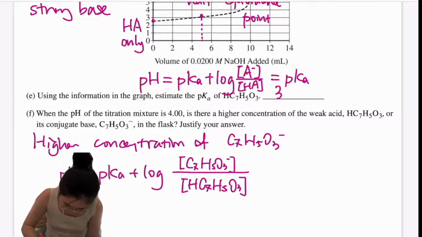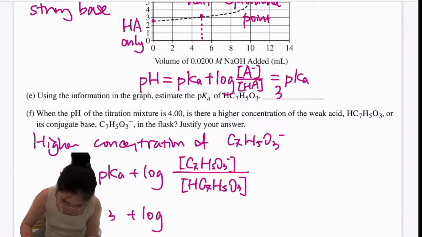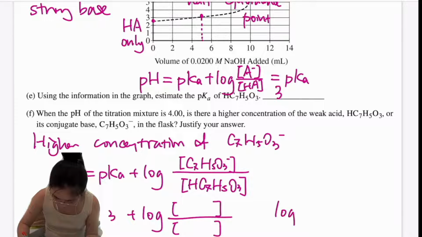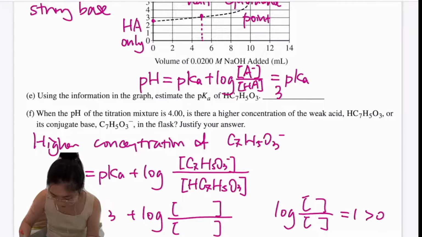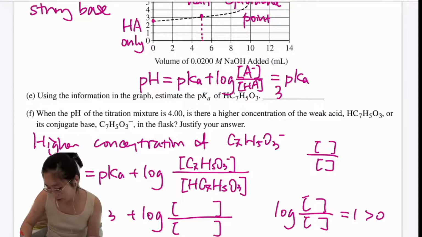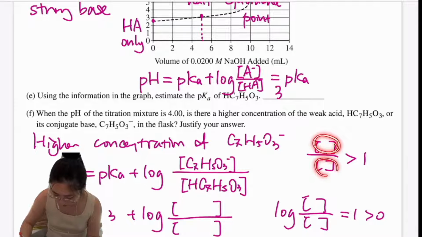So 4.0 is equal to 3 plus the log of this concentration ratio. This means the log of the concentration ratio is equal to 1, or anyway, greater than 0, which means this ratio is greater than 1. So we have more of the base than the acid.